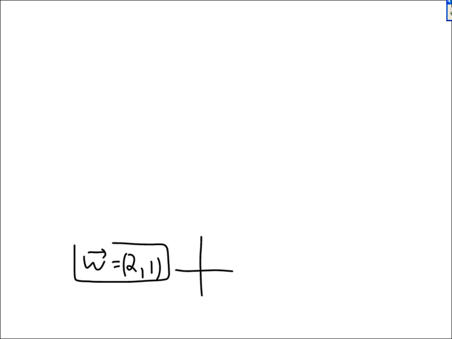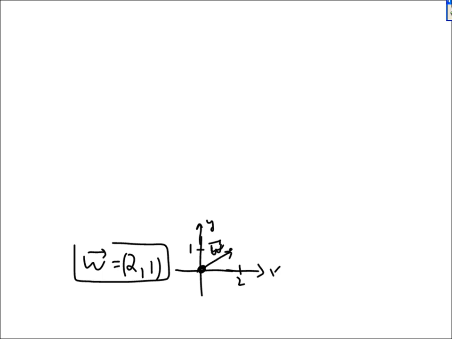Again, if you were to write vector w is equal to 2, 1, well, in this notation, that means it starts at the origin and it goes over to 2, 1. It comes right here. That is vector w.